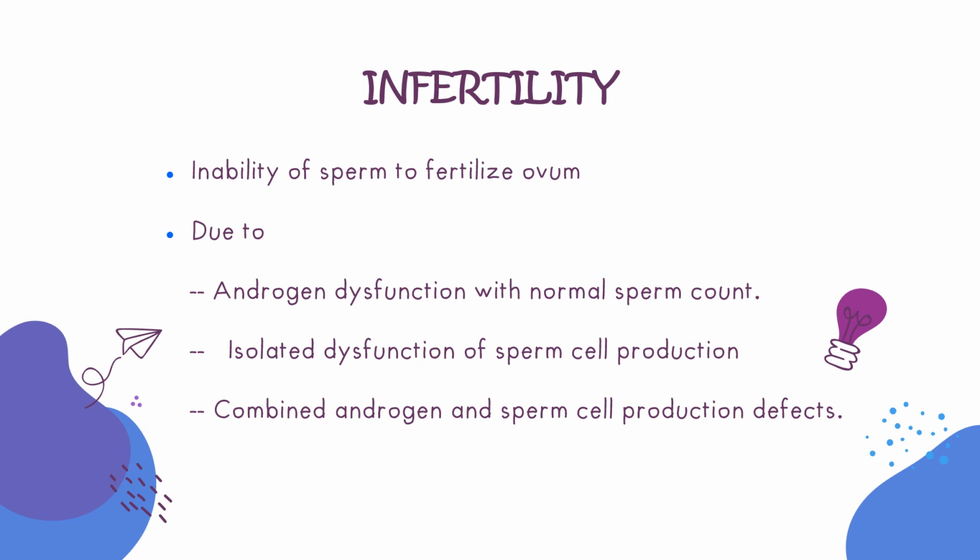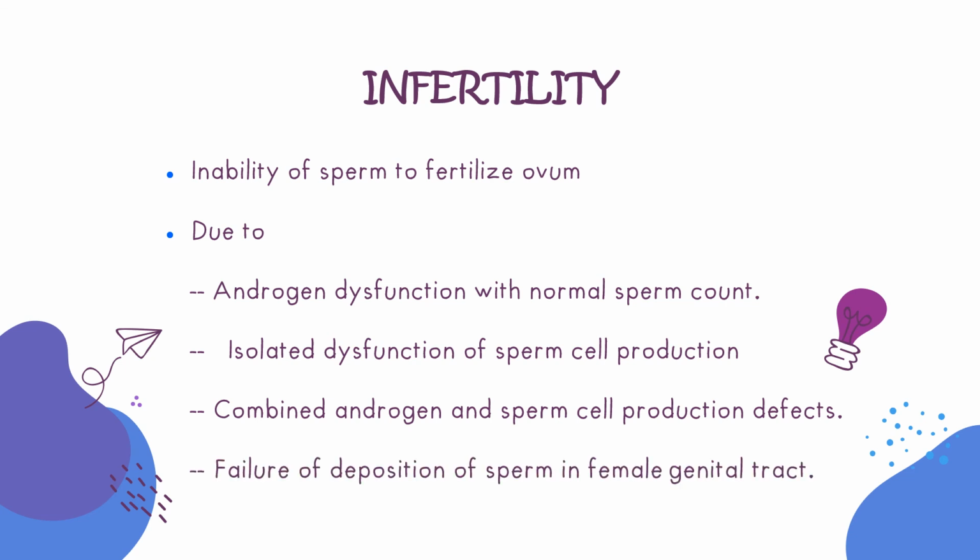Combined androgen and sperm cell production failure, such as Klinefelter syndrome, abnormal testicular descent, acquired testicular defect due to infections, and also in some systemic diseases like chronic liver failure or kidney failure.